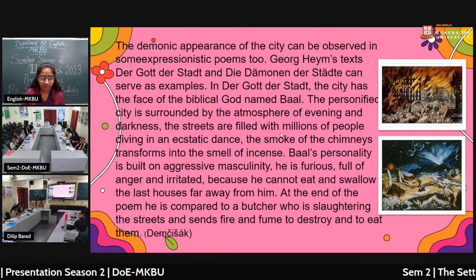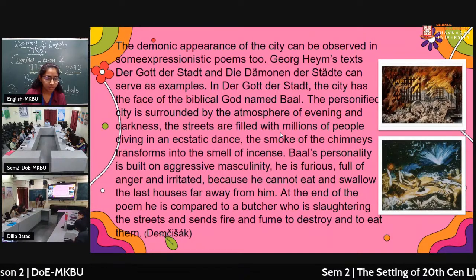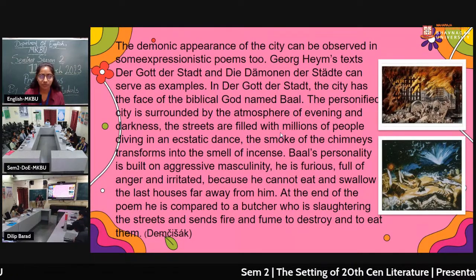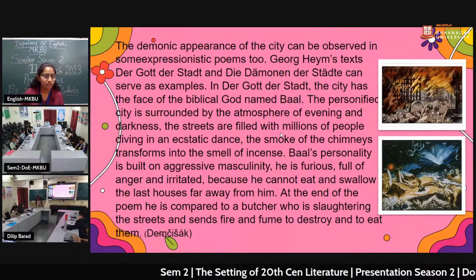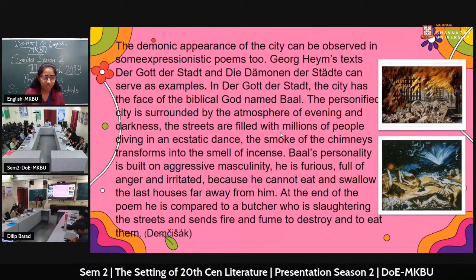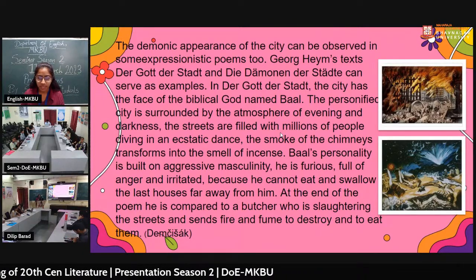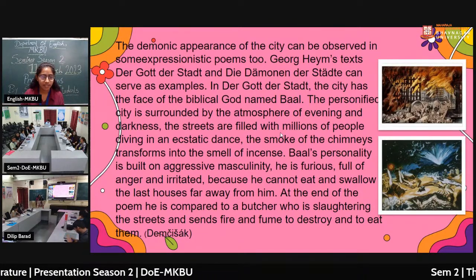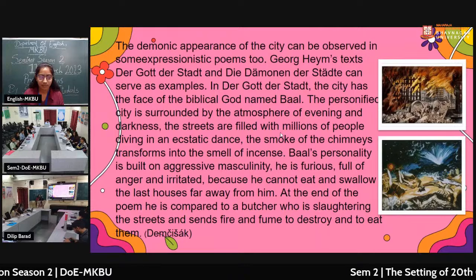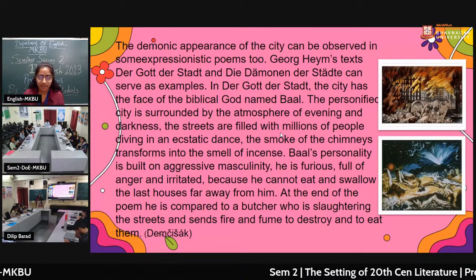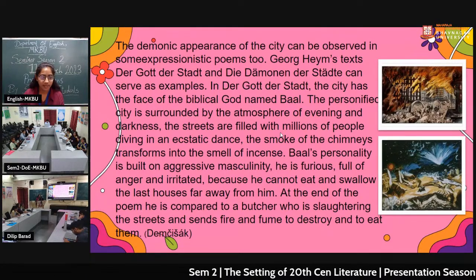Then the demonic appearance of the city can be observed in some expressionistic poems too. Georg Heym's texts, The God of the City and The Demons of the Cities, can serve as examples.